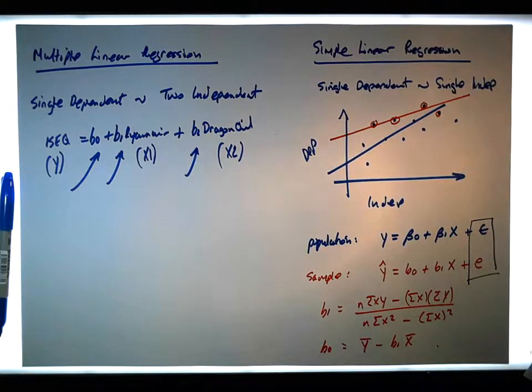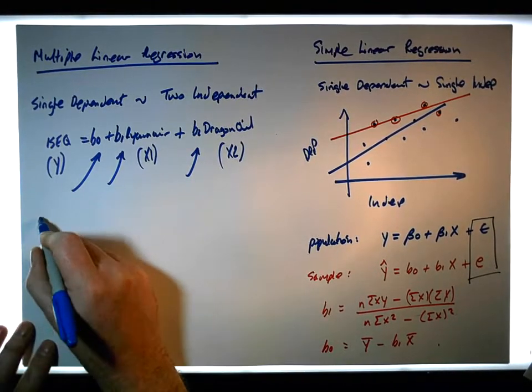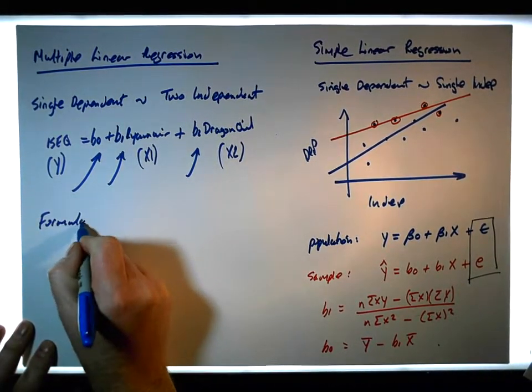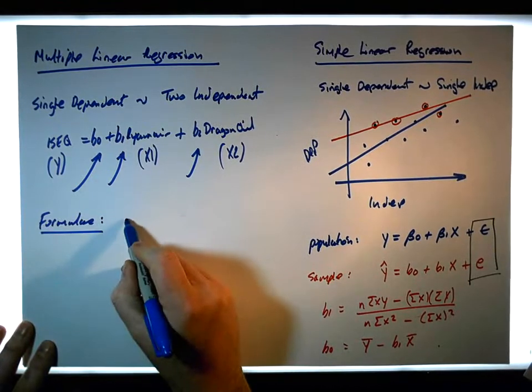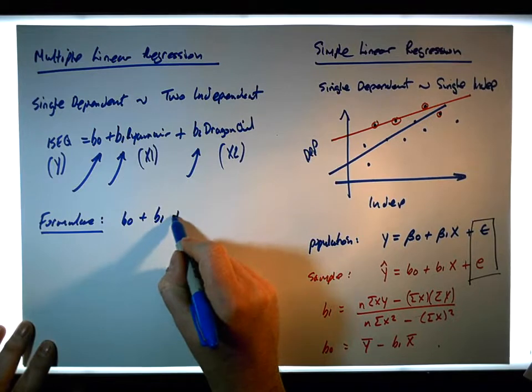If I was to give you formulas, I'll give you the one way that we could do it first of all. So, the formulae for calculating B0, B1, and B2.